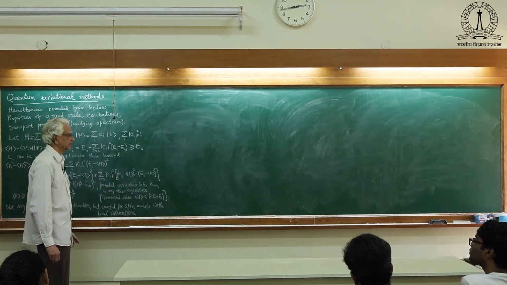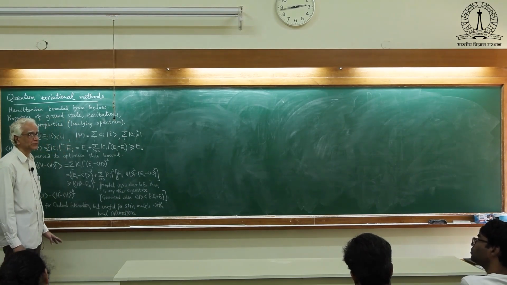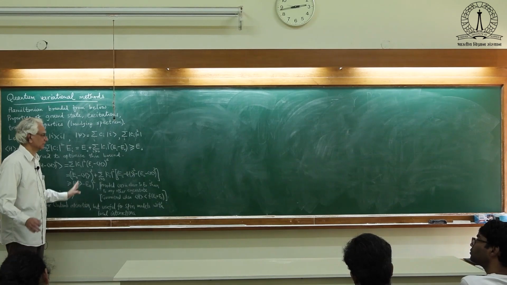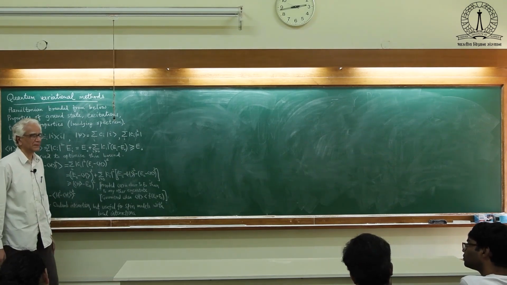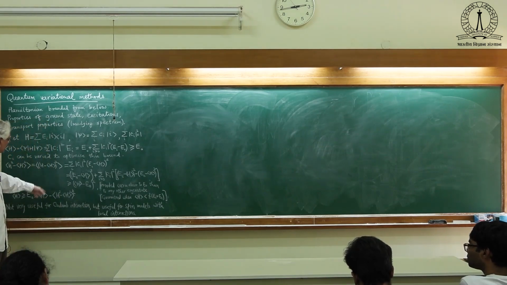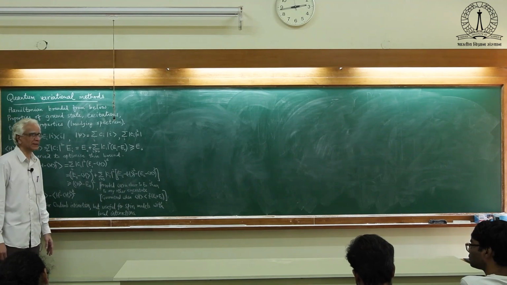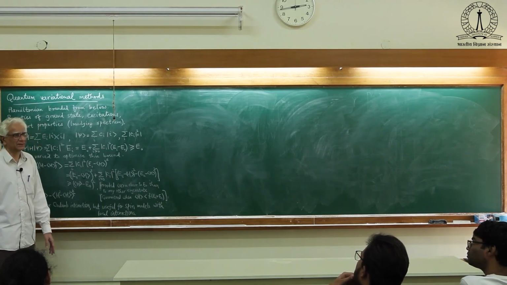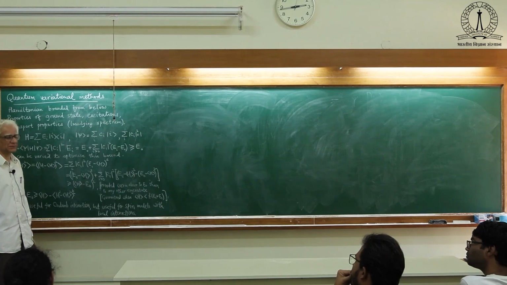It is something which people have not used very much just because they've forgotten about this kind of bounds. It's an old story. You'll find this kind of derivation from the beginning days of quantum mechanics, but when it's not used for many years, people forget about it.